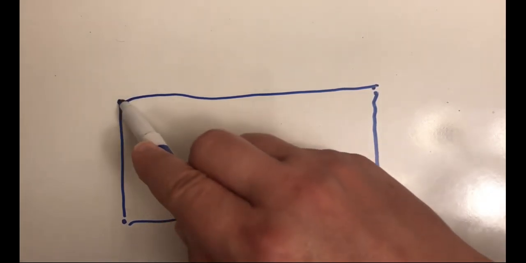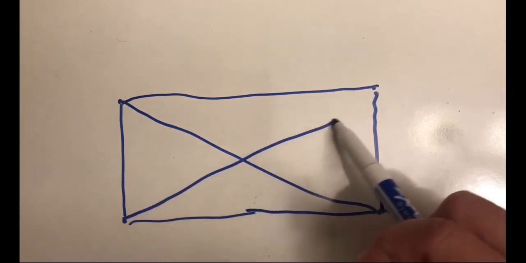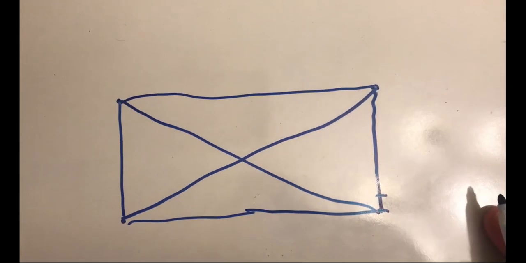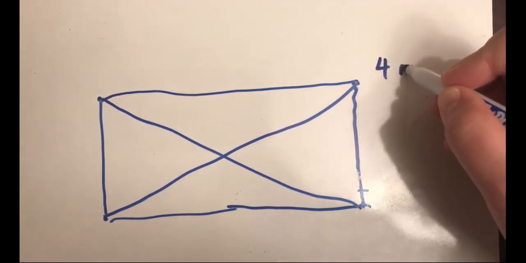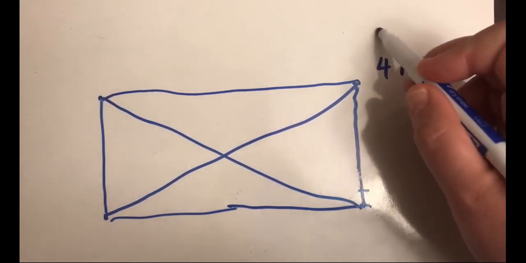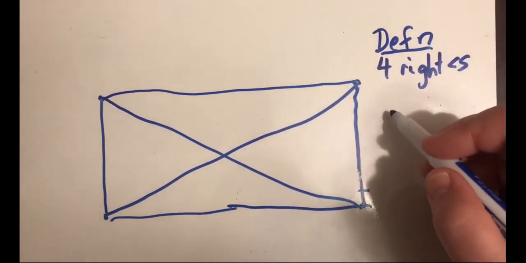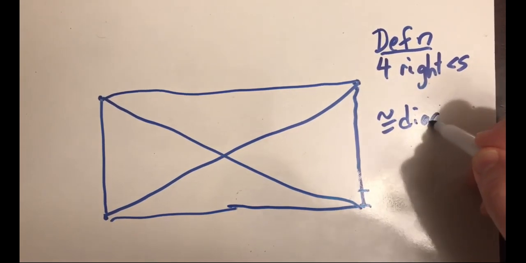But again, the distance from one corner to the other corner is exactly the same in a rectangle. So the two additional things in a rectangle is that we have four right angles, and that's actually the definition of a rectangle. And the other thing is that we have congruent diagonals.